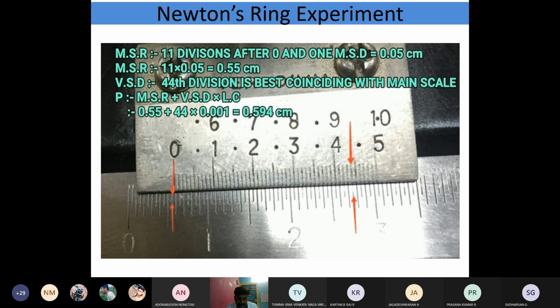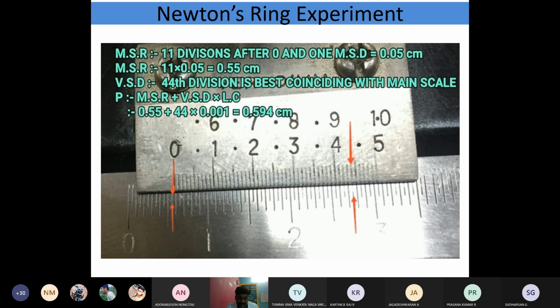So the exact value, the reference of this vernier 0 coinciding with the main scale, is 0.05. So it is 0.55, because the 5 means it's coinciding with the center point. So 0.5 plus 0.05 is nothing but 0.55. So this is the main scale.